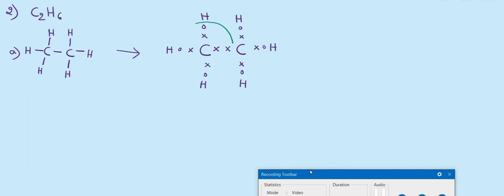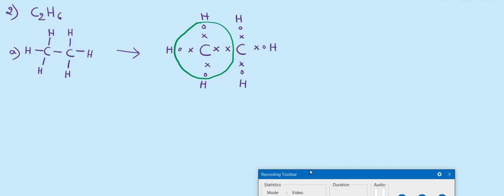We put a circle here. So here, when you count the electrons around carbon, you look here 1, 2, 3, 4, 5, 6, 7, 8.